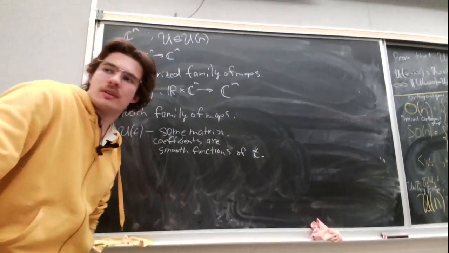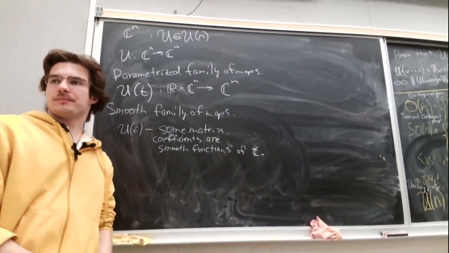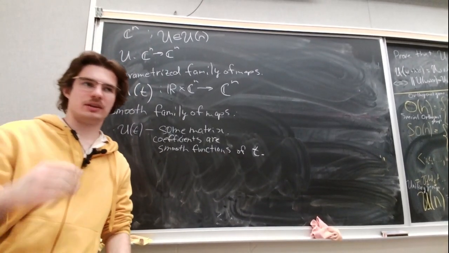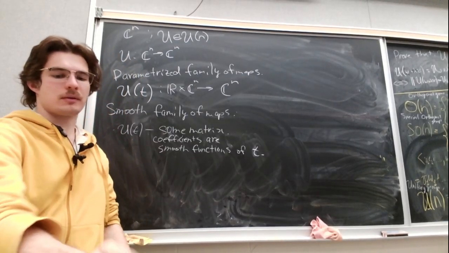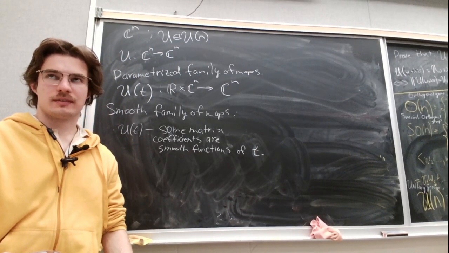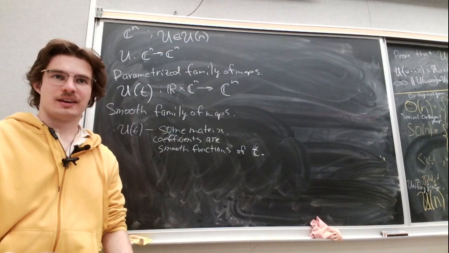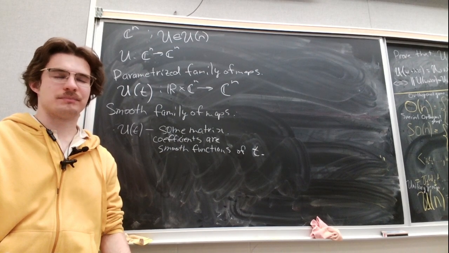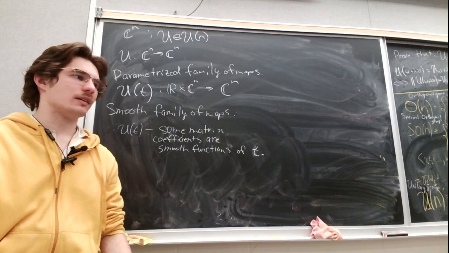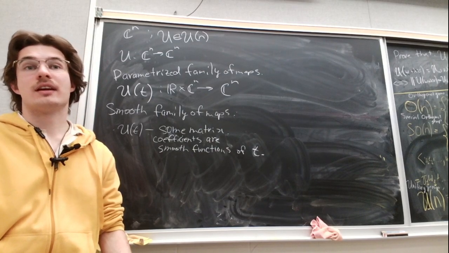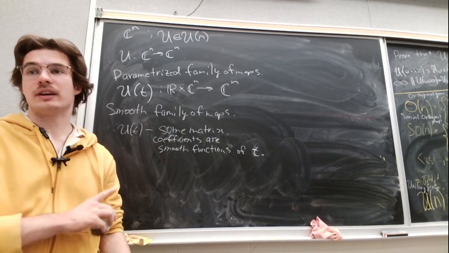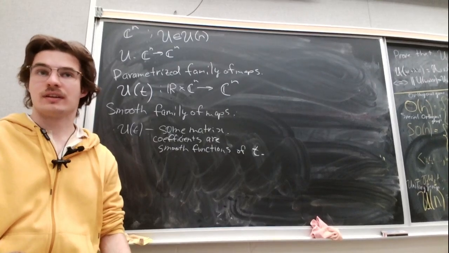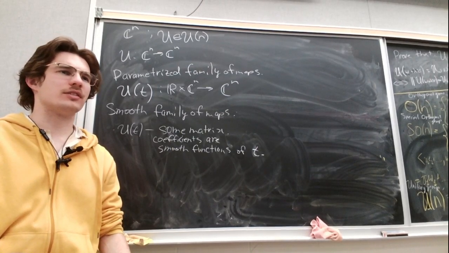What is a smooth function? Infinitely differentiable. You can differentiate it as many times as you like. So like a polynomial. Not necessarily. Not all smooth functions are analytic. Not every smooth function I can write down as a Taylor series. And you'll see an example of this in 157.